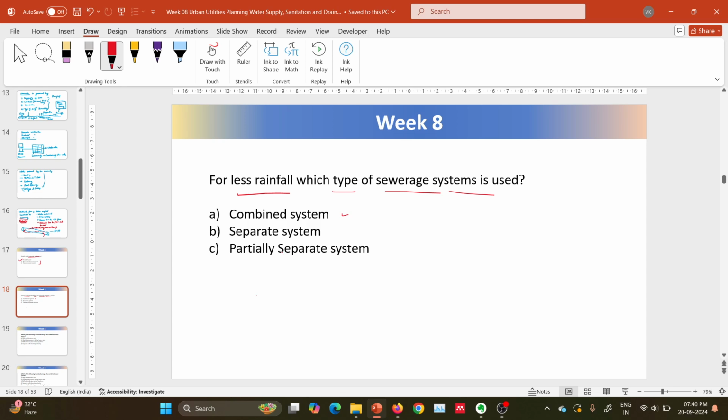So rather than constructing extra pipeline, we combine the drainage part with sewage, and we treat the combined sewage in sewage treatment plants. That is a cost-effective technique.